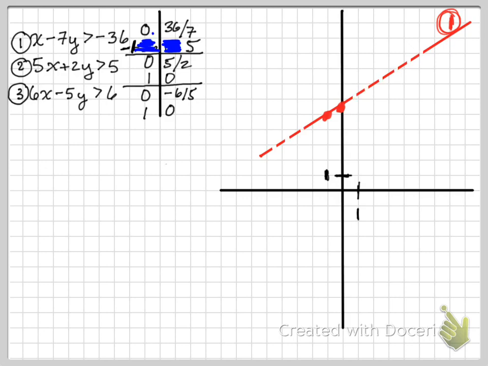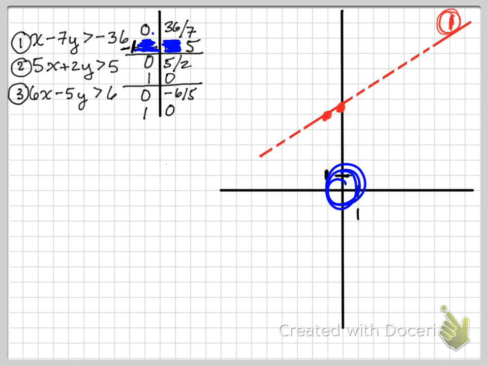There. And then finally, I want to know what region to shade. So the solution is either everything on this side of the edge, or everything on this side of the edge, and that would continue all the way down here, everywhere. So I want to figure that out by looking at the origin, and if the origin is part of the solution, then everything on this side is part of the solution.